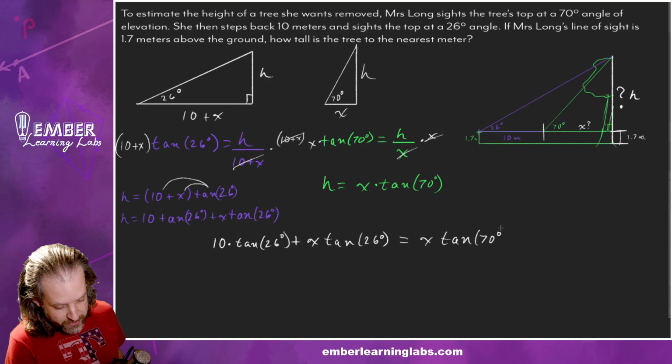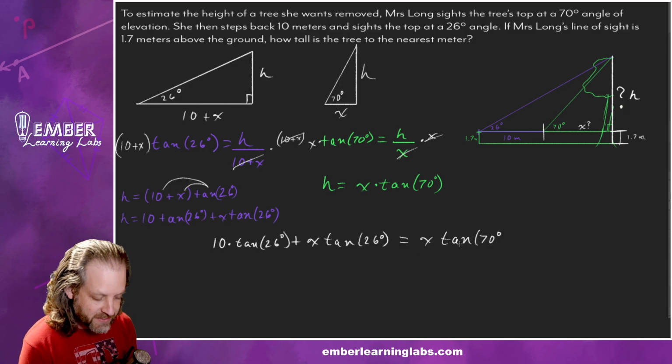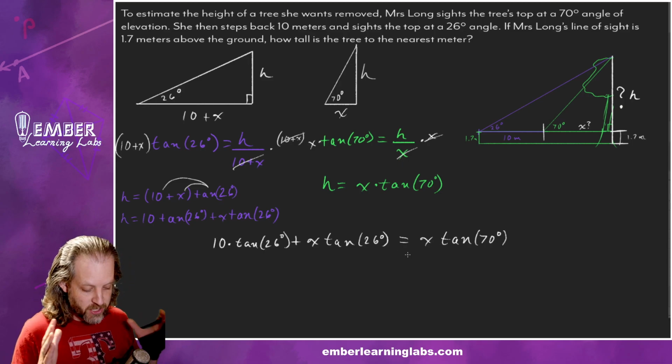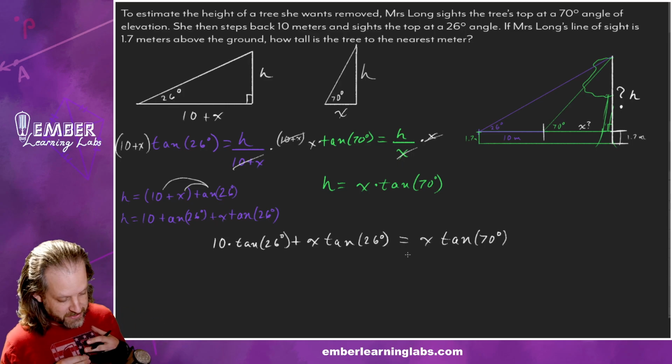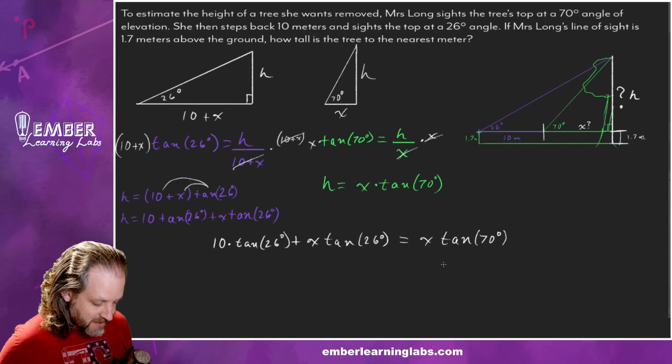So what might we do next? Well, we probably should get the terms that have the x's on them together, right? Because we're solving for x so far, and we're going to substitute that back in and get h here in a second. But we need to get x, right? So we should get the x's together.